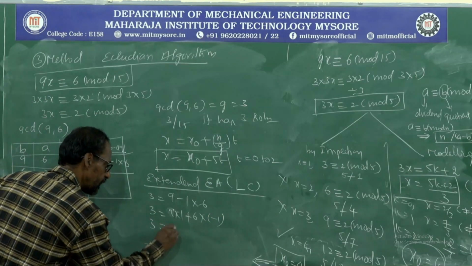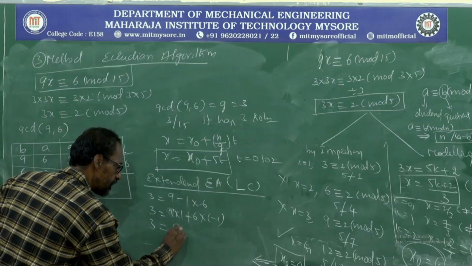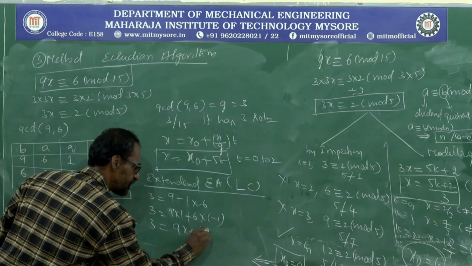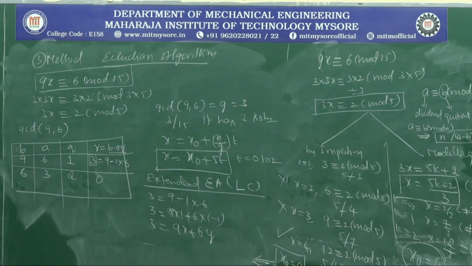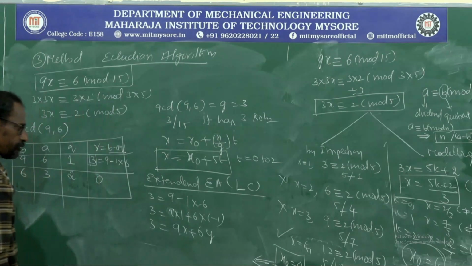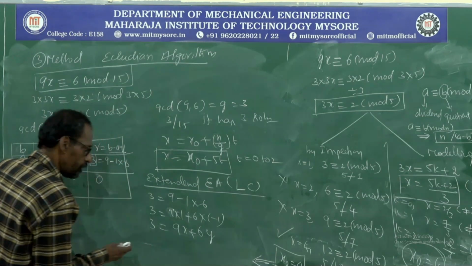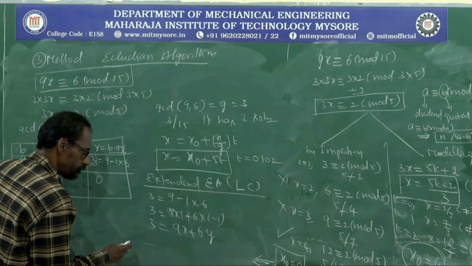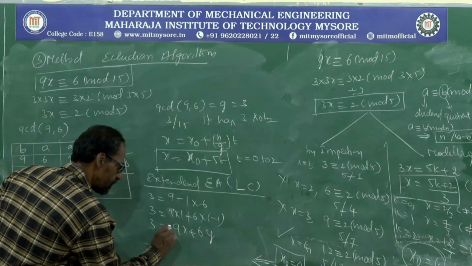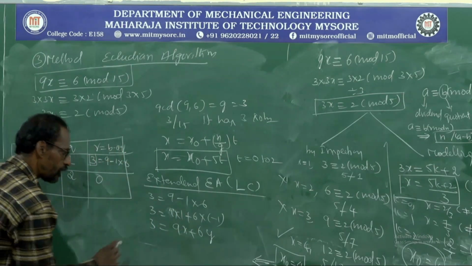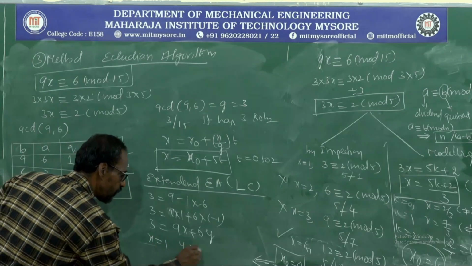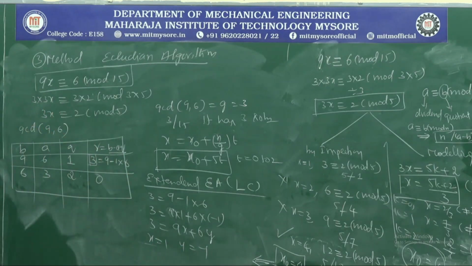So we have 3 equal to 9x plus 6y. And what is the x value? 1. What is the y value? Minus 1.